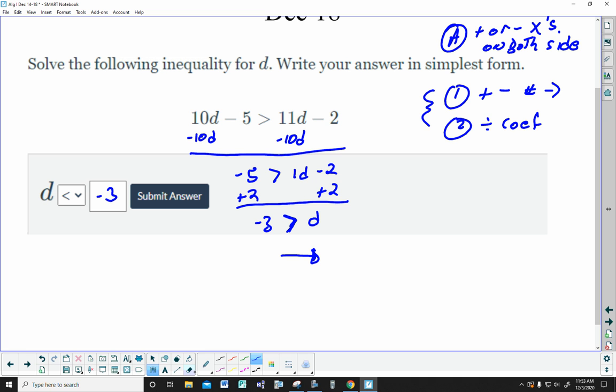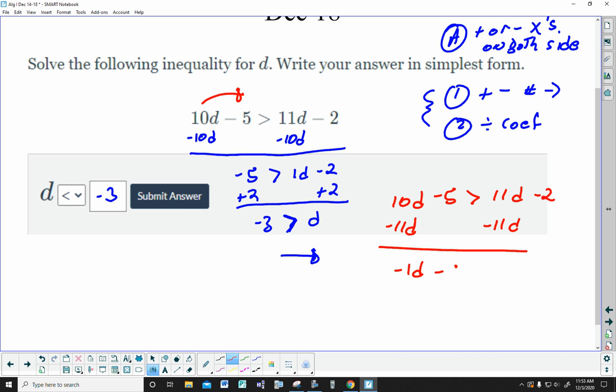Now, very easily, you could interpret it this way. I'm going to rewrite it. I chose to move the 10d to the right. You could start by moving the 11d to the left. To do that, you'd have to subtract it. This would give you negative 1d minus 5 is greater than negative 2.